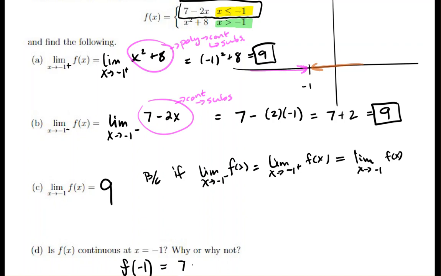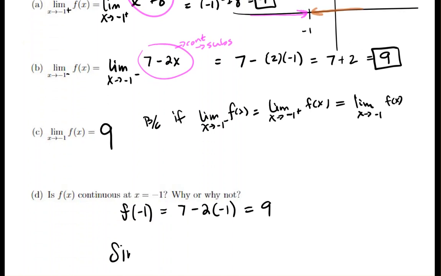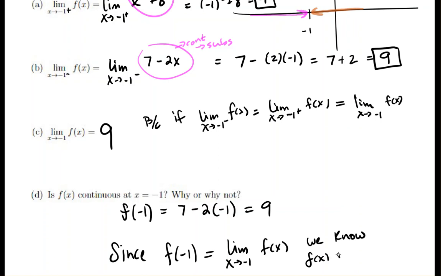So f of -1 is evaluated in this function, and we get 9. So what we would say is, since f of -1 equals the limit as x approaches -1 of f of x, we know f of x is continuous at x equals -1.